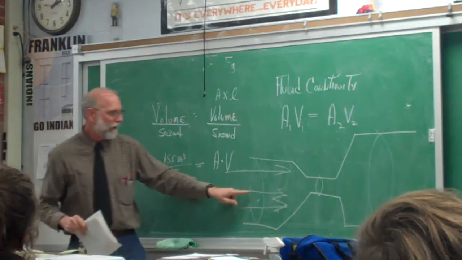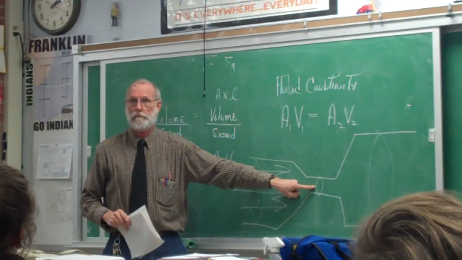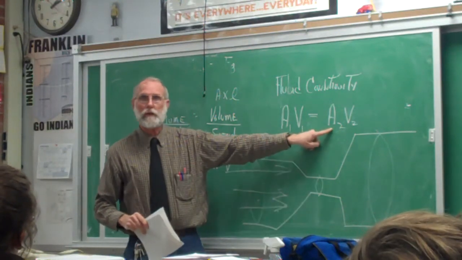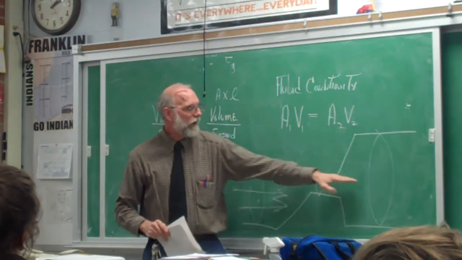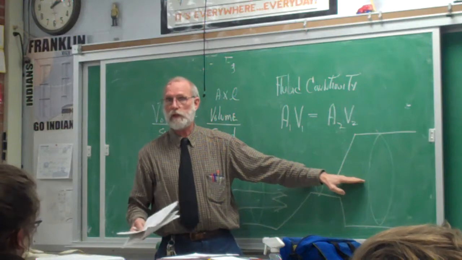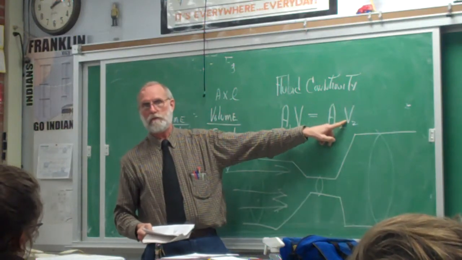What's going to happen here is, as you go from here to here, the fluid's going to speed up. Because your area decreases, your velocity increases. Similarly, when you get back out to here, your velocity is going to slow down, because as your area increases, your velocity decreases.